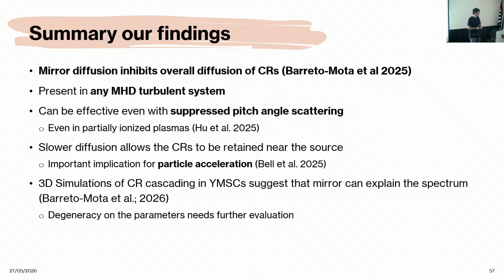And the 3D simulations of the cascading, so these CRPropa simulations, suggested the mirror can explain the spectrum. But well, there are some degeneracies, especially if we look at the center or the shell. At least in this case, we cannot explain the difference between the two.